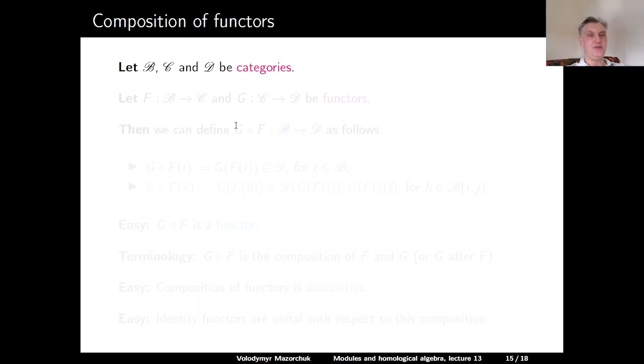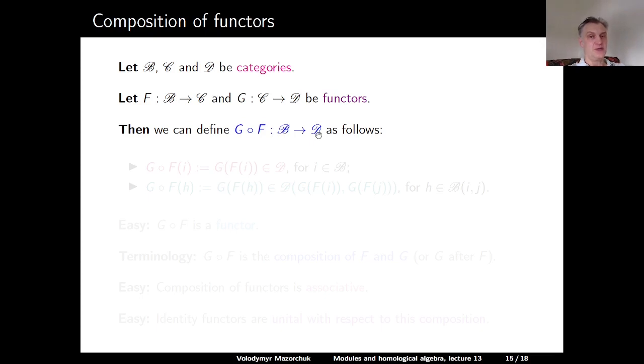Now we can talk about composition of functors. Let B, C, and D be categories. Let F be a functor from B to C, and G a functor from C to D. Then we can define the composition of G after F, which will be a functor from B to D, as follows. If you have an object i in B, then this composition applied to i is by definition equal to G applied to F of i.